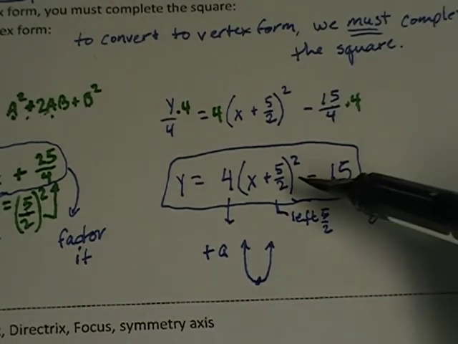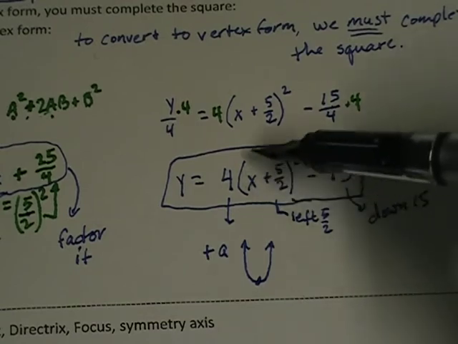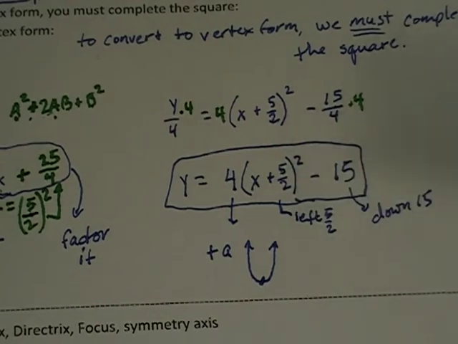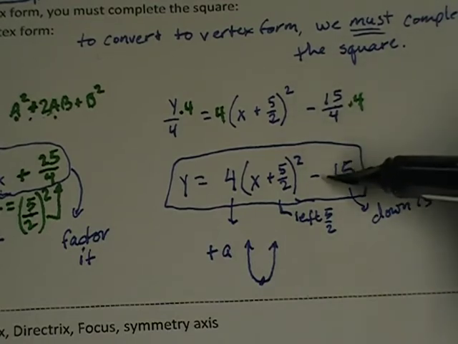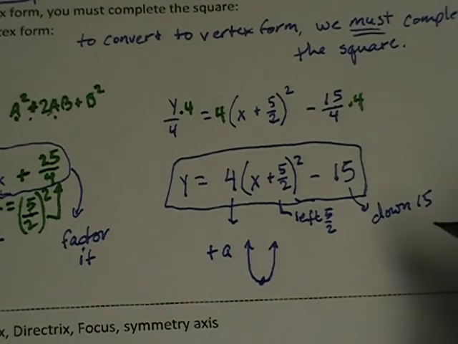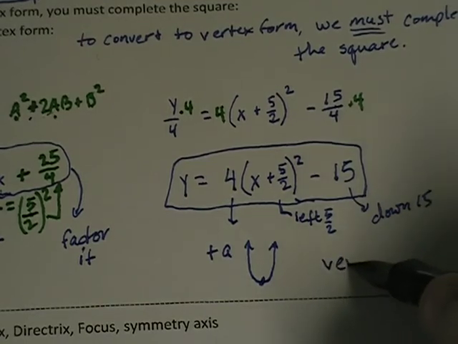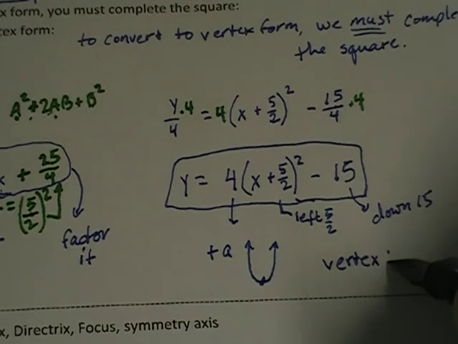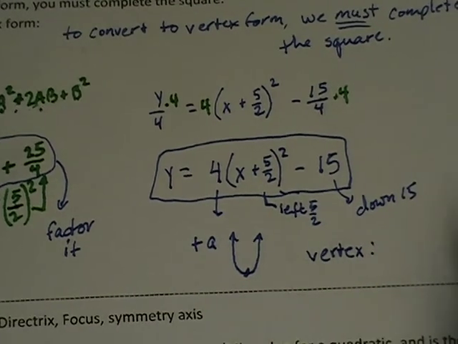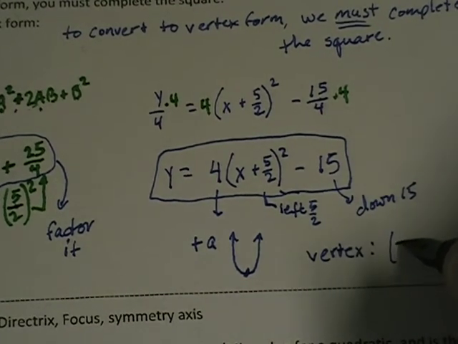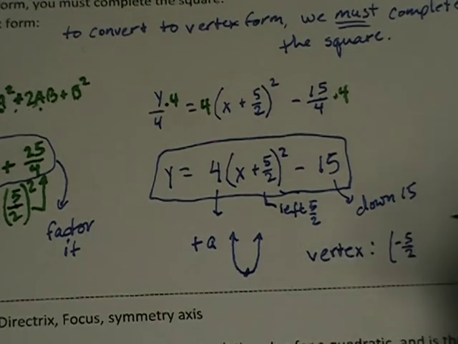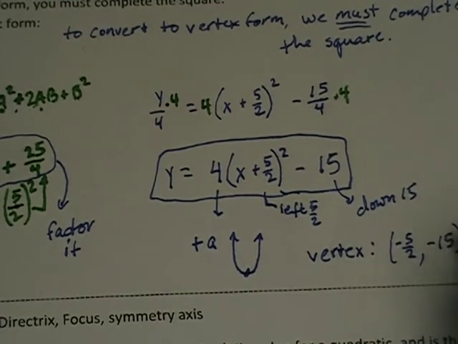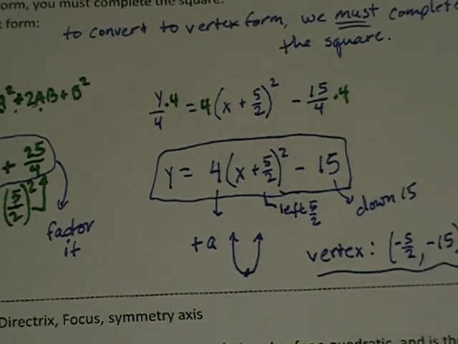Left 5/2. Anytime you have something grouped with your x, it's going to do the opposite of what you think. You think plus 5/2 is to the right, it's going to be backwards. And then this, of course, does exactly what it says, minus 15. Okay? So, our vertex, normally we start at 0, 0, the origin. So our vertex will be negative 5/2, right, to the left, comma, negative 15. So if you wanted your vertex, that's how you find your vertex.